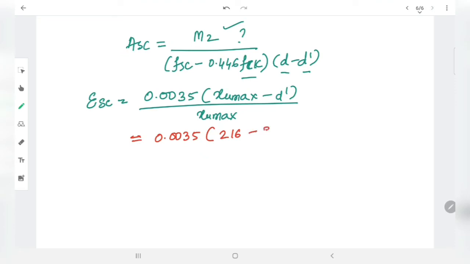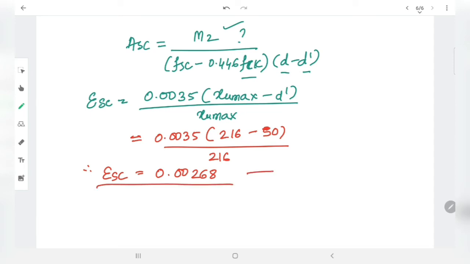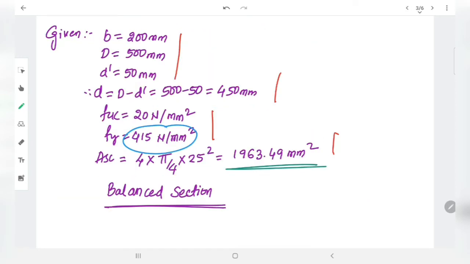Minus D dash is 50 mm, divided by 216. When you solve this one, the value of epsilon SC is equal to 0.00268. Using this, I'll be finding the value of FSC from the SP16 chart.